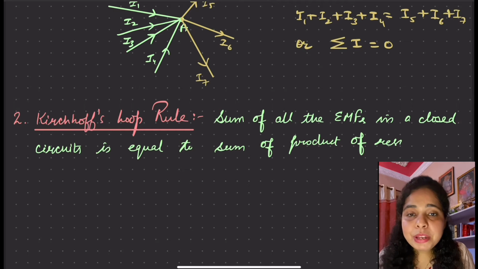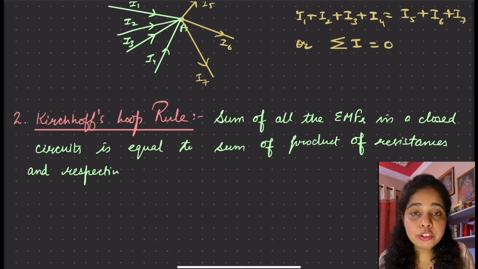That is, summation of E is equal to summation of I into R. So this is Kirchhoff's second rule, but these are still just statements, and we need to know how to apply them so that we can solve the various numerical problems.